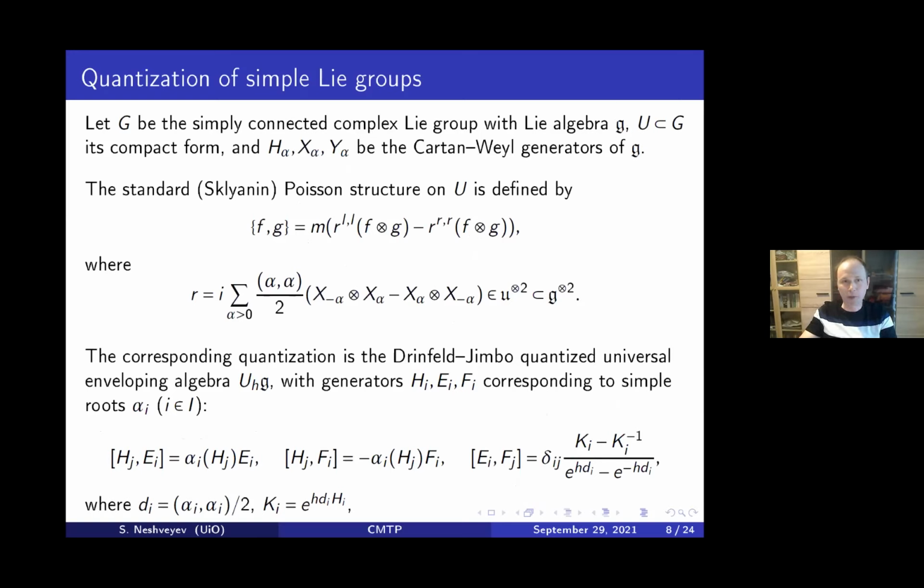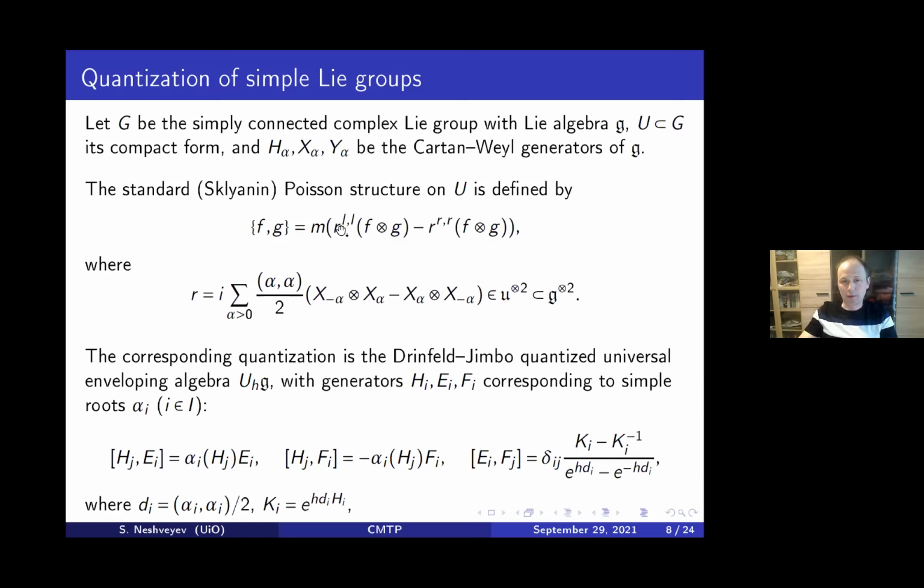We fix its compact form. We fix a maximal torus in this compact form, and we choose these Cartan-Weyl generators. And there is the standard Sklyanin Poisson structure on our compact group U, defined by the following formula, where r is given by this formula.